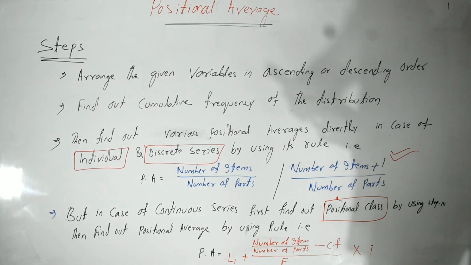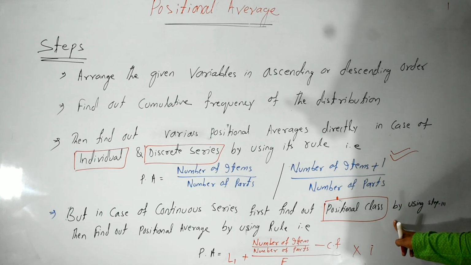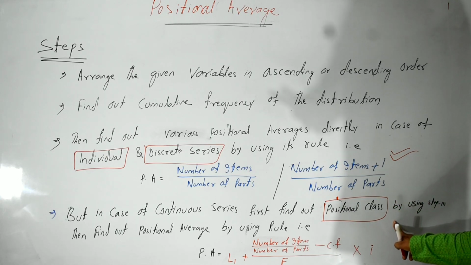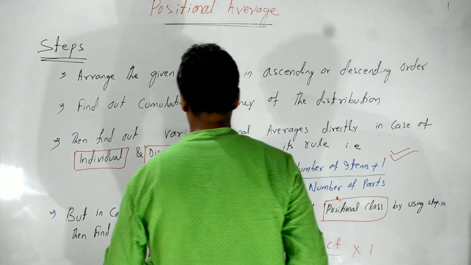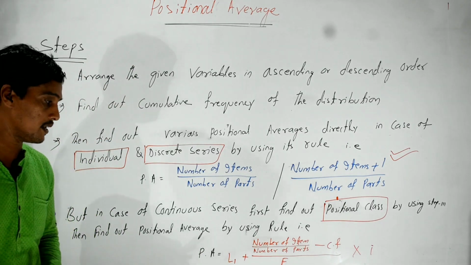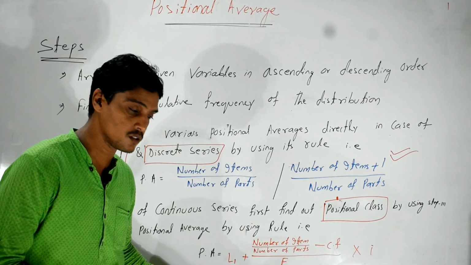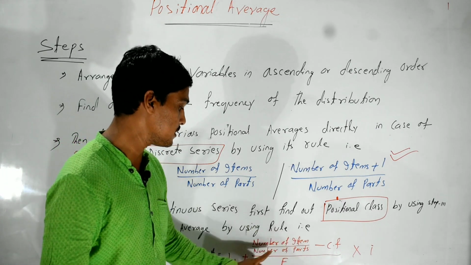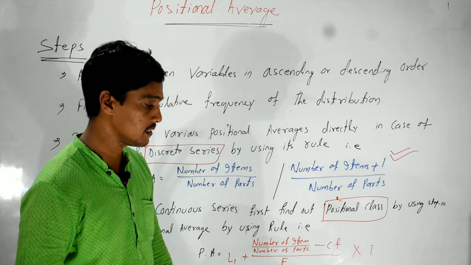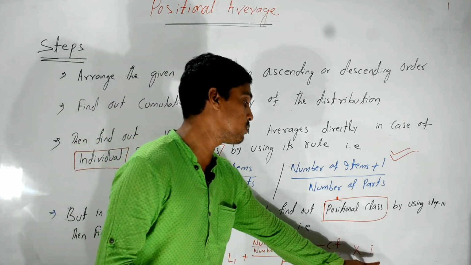The rules of the third step should be used to find out the positional class in case of a continuous series. Then we should find out the respective positional average by using the rule, that is positional average equals L1 plus (number of items divided by number of parts minus CF) divided by F, into I.